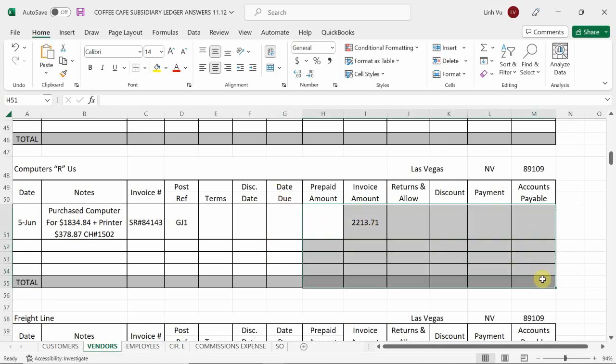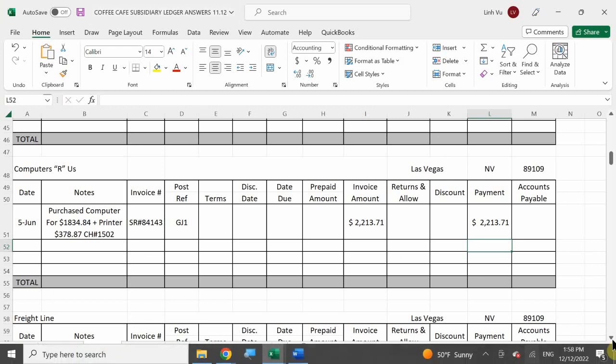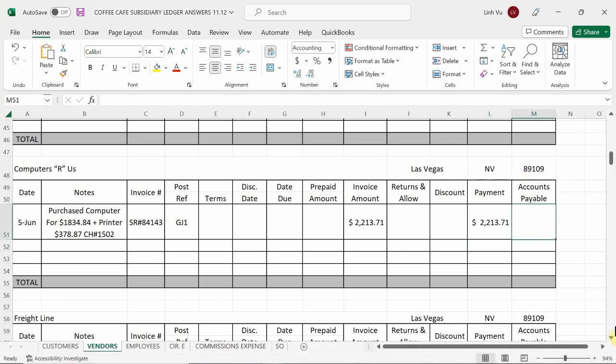And last but not least, what else do we know? We for sure know we made a payment, right? For that $2,213.71. And we know that because I have proof that I paid with check number 1502. Okay? So, once again, let's practice the formula.